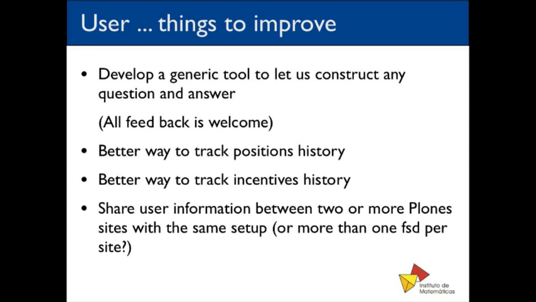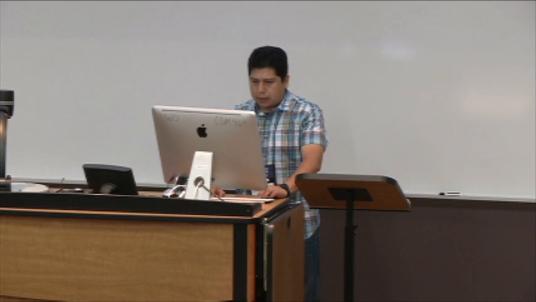Okay. I am also searching for a better way to manage this history thing, positions of the history of the users, and also incentives. We have a problem with the faculty staff directory as it is, because there's only one folder, the faculty staff directory folder, and everybody that can add persons in there can manage also all the people that are inside this folder.